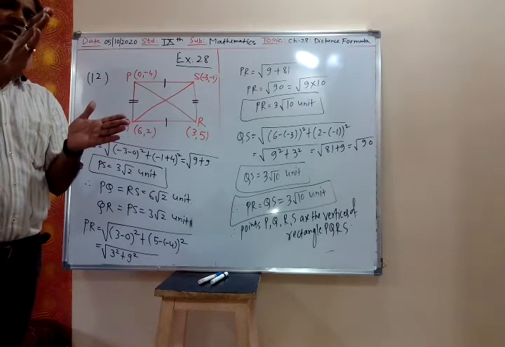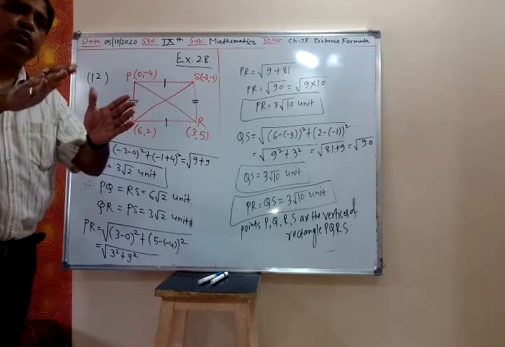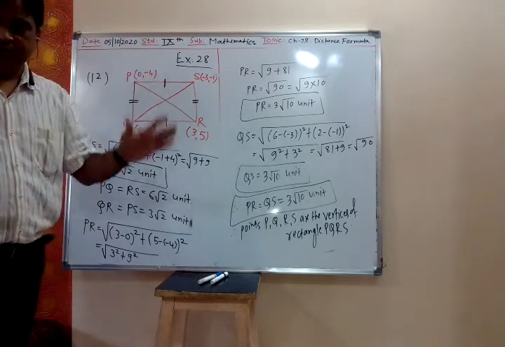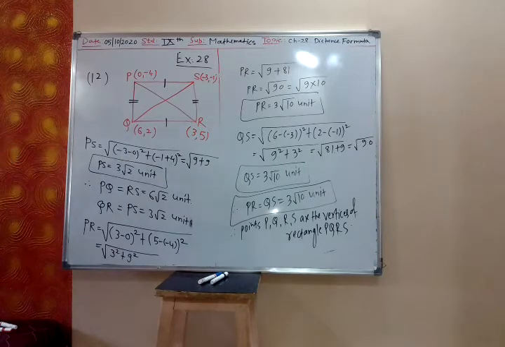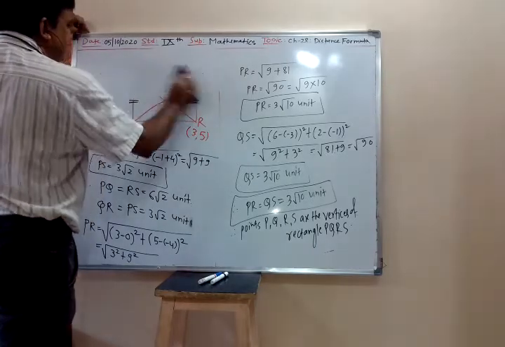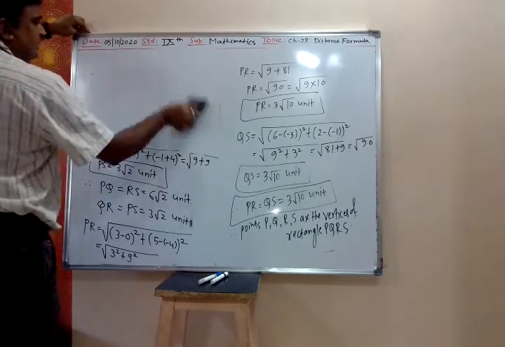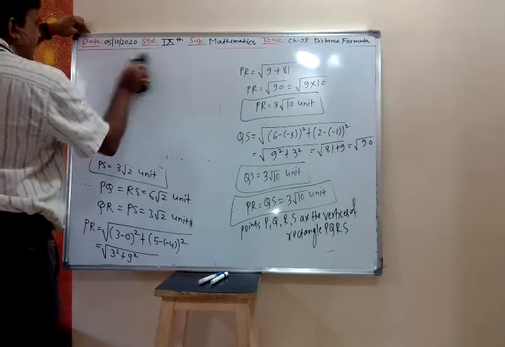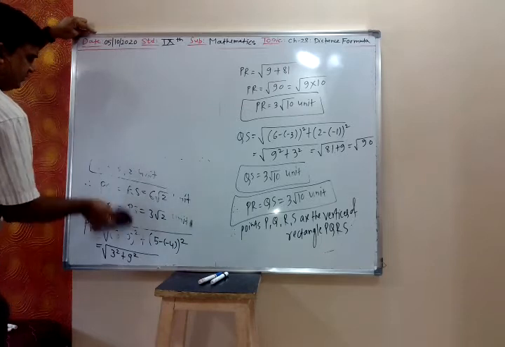Now to show that they are the vertices of a square, we show that all the 4 sides are equal and the diagonals are also equal. Is it clear? Are you getting this? Only that 14 beginning part I will write. Rest will be calculation. Just now we have calculated for rectangle.